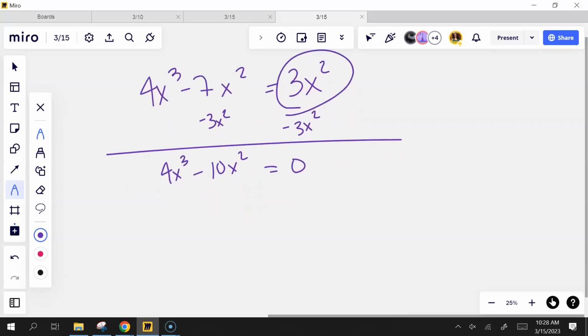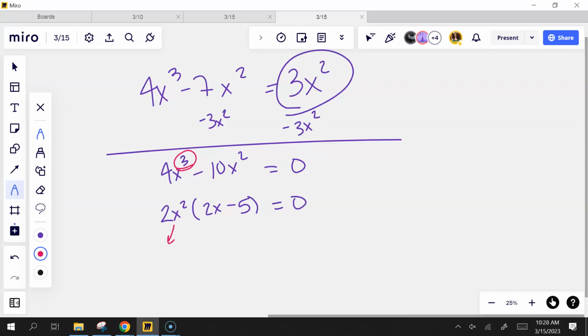What do I do first? Not a 2x, but a 2x squared, right. What's left? Remember, how many solutions should I get here? Look at the original equation. 3. The degree is 3, I should get 3.